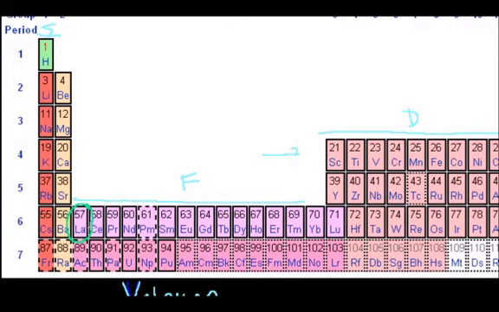The last incremental electron fills the F block. So it has 1 in the f orbital, and this is the 6th period, but with the F block you subtract 2. So it'll be 4f1, and then 6s2, right?